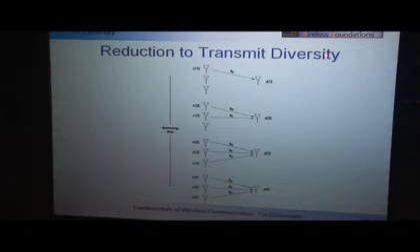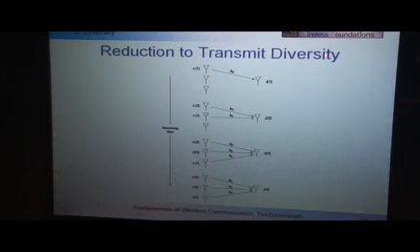All right, so this is my ISI channel version of the transmit diversity problem. Now you can ask, what's the space-time code matrix for this channel?